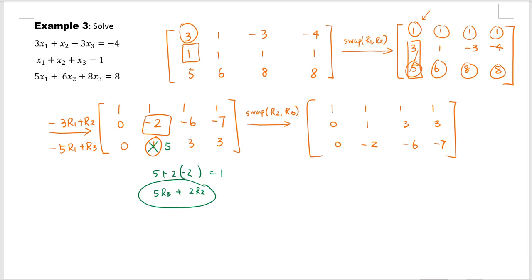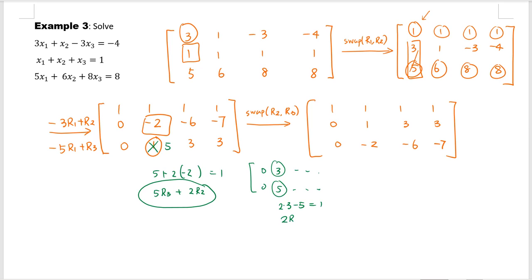Maybe more examples. If this is 3, this is 5, and let's say this is row 2 and row 3, how do you get 1? You think about 3 and 5. I know 2 times 3 minus 5 is 1, right?